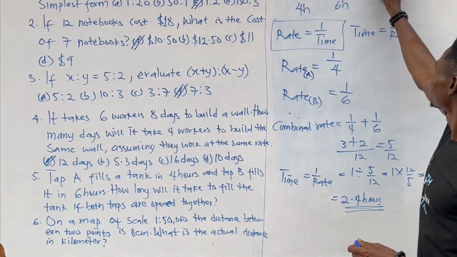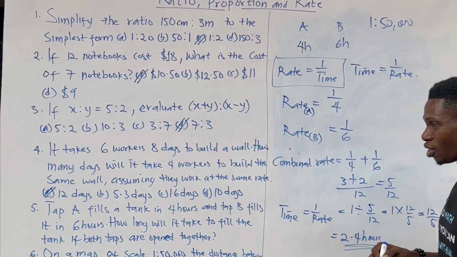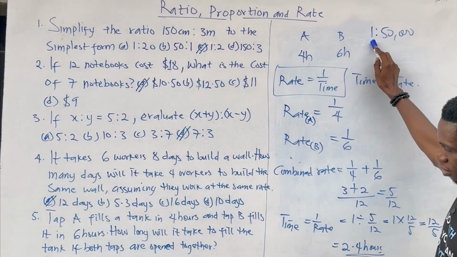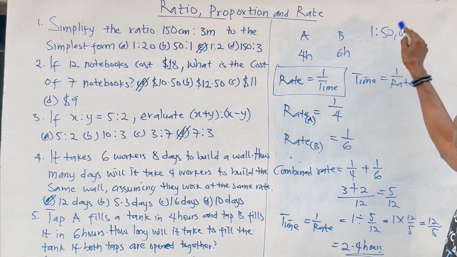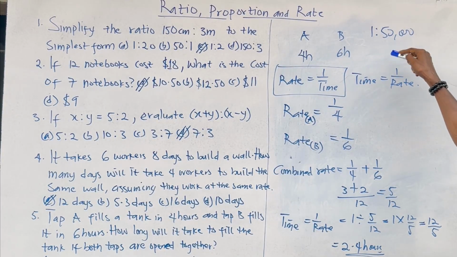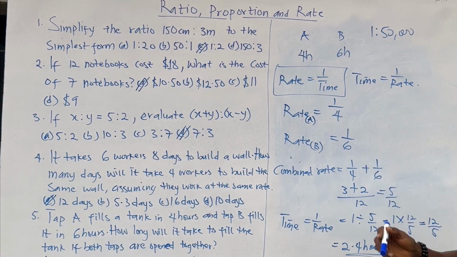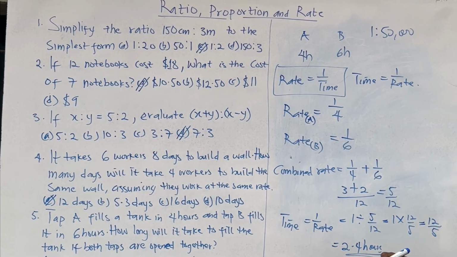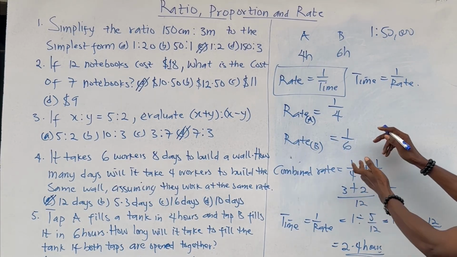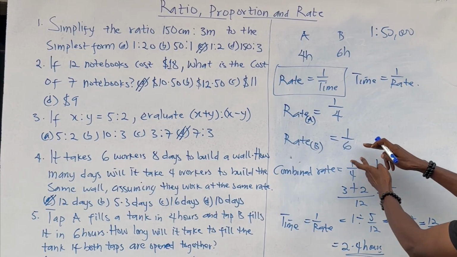So your map is reading 1 to 50,000. So every 1 centimeter on the map actually means 50,000 centimeters on land. So on the map, if you measure 1 centimeter, on the actual area it is 50,000.